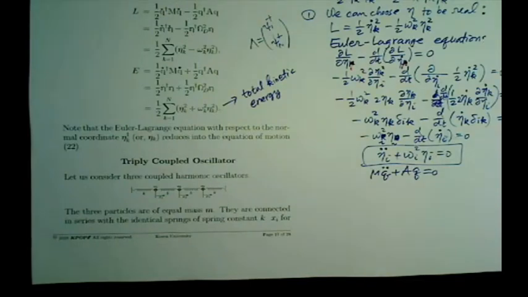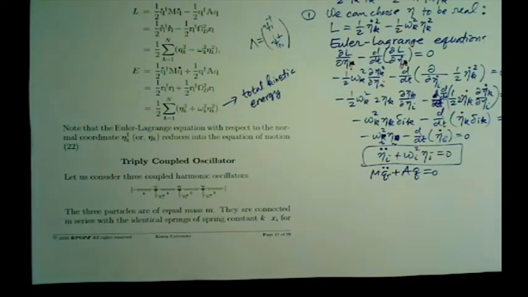We have constructed this method for treating the small oscillation problem for the n-body system that has a stable equilibrium at some point. So we would like to extend this method to the triply coupled oscillator.